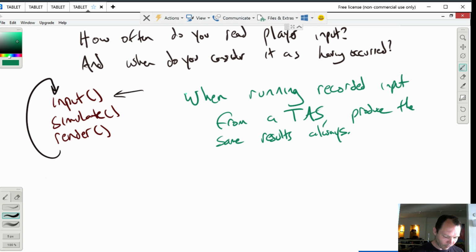So how often am I reading input? Well, it depends on the frame rate. So the responsiveness of your game to player input is going to feel different depending on the frame rate. And that's going to matter more than you think. In a lot of games, in Braid, I don't remember how long it takes the player to accelerate.